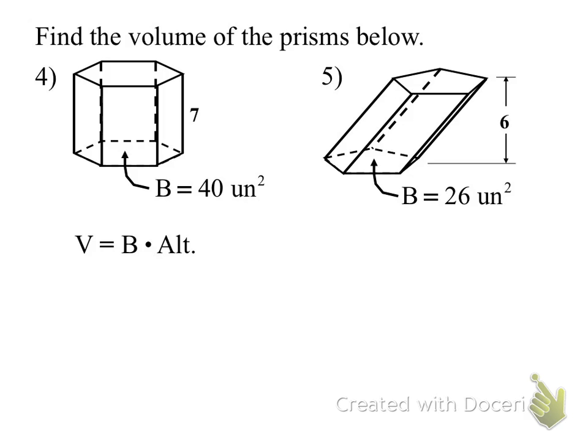Do you know the area formula for a hexagon? Do you have to know it? No, because it's given. They're telling you the entire base area is 40. So I just substitute that in, and the altitude is the 7. So now what do we end up with? 280 cubic units.